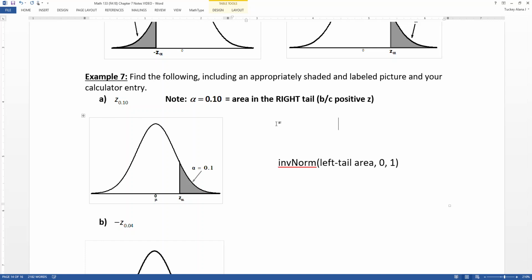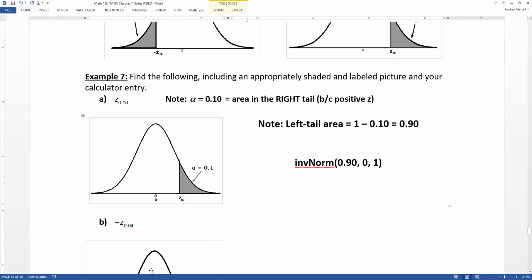So you'll notice the right area was 0.10. Well, actually, I have it up above, right? 0.10 was the area in the right tail. So the left tail area would be 1 minus that, which would be 0.90. So when I go to inverse norm, I'm going to put in 0.90 as my left tail area, and then 0 and 1.